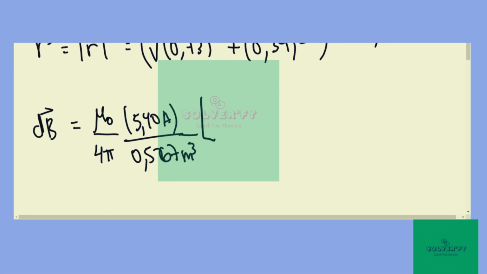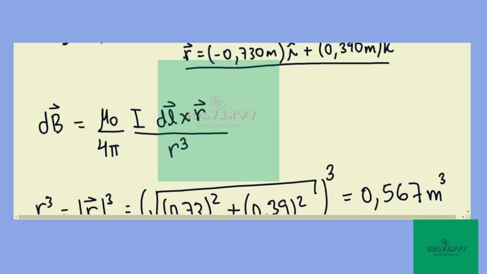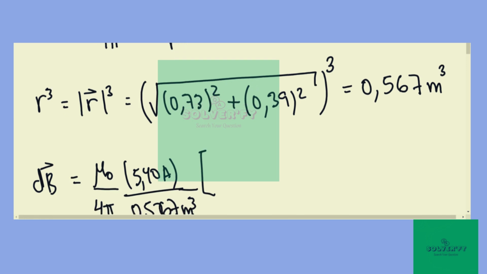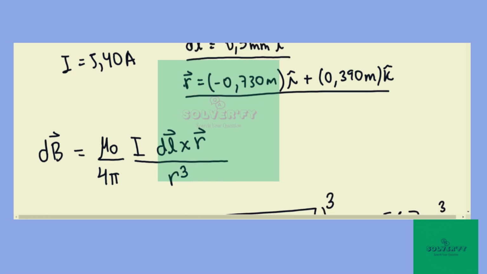Now in here I'm going to put the product between these two vectors, the L and R. So we will have the following: 0.5 millimeters.